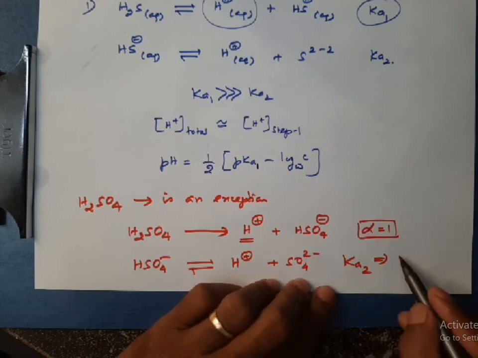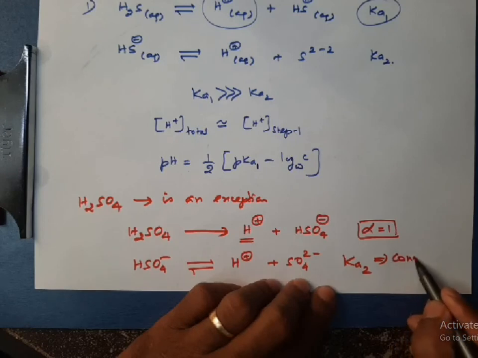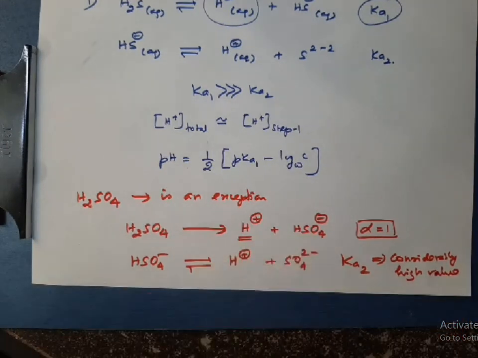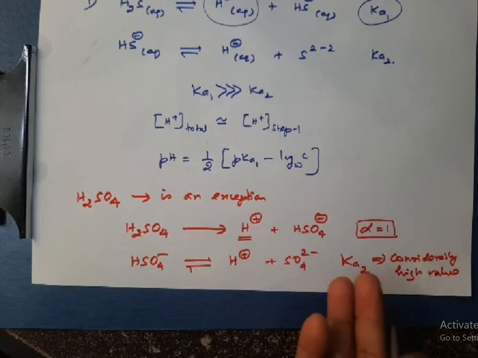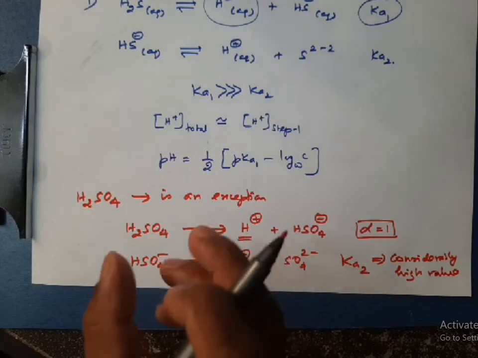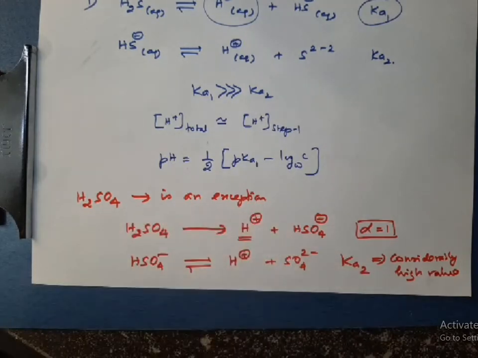It is a considerably high value, which means you cannot neglect this value. This is roughly in the order of 10 power minus 2. So depending upon the percentage of the sulfuric acid, complete ionization may occur.